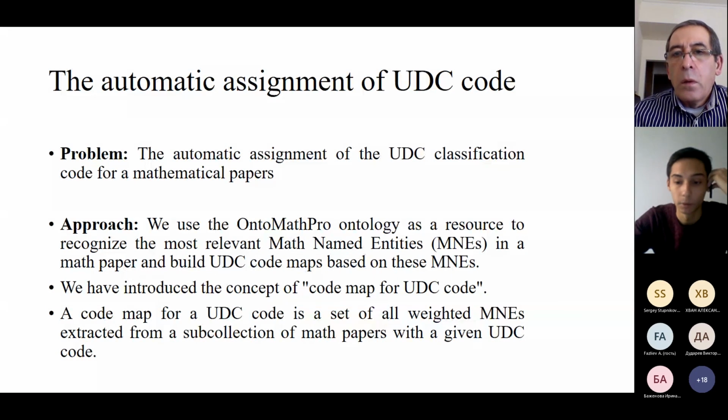Мы хотим разработать систему по автоматическому назначению и верификации кода УДК статьи. Для этого мы собираемся использовать кодовые карты для каждого УДК. Под кодовой картой мы подразумеваем взвешенный набор извлеченных именованных сущностей из определенных коллекций с этим кодом.